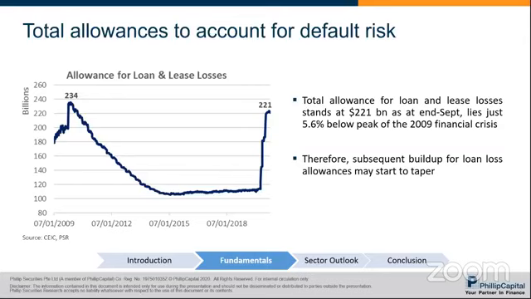Currently, it's probably just 5.6% below the peak. So in a way, a lot of these banks have started to account largely for the default risk that is about to come. Therefore, for the subsequent build-up of loan loss provisions, we may expect it to start to taper.